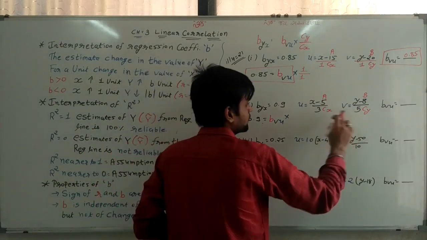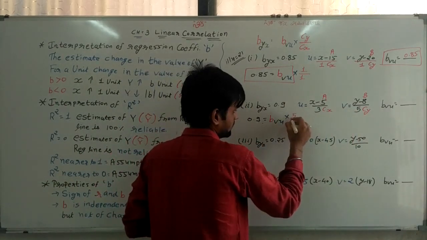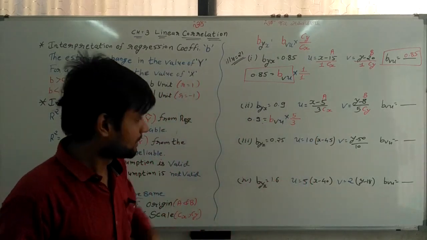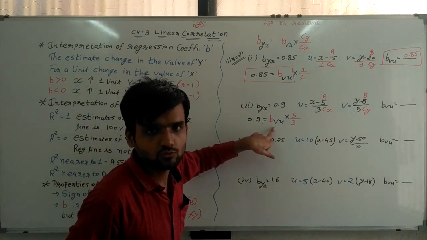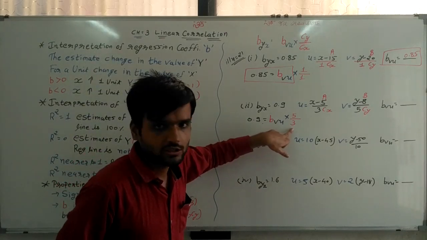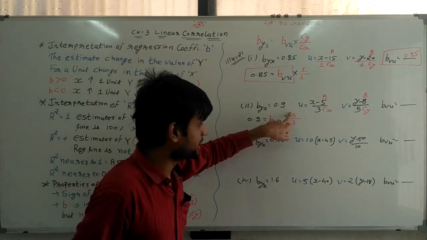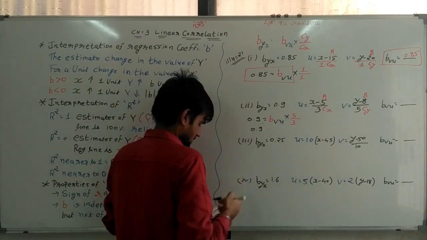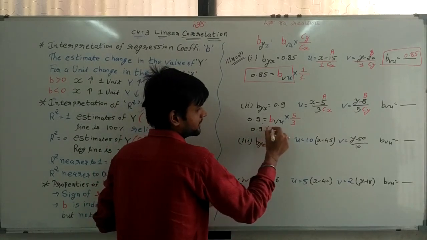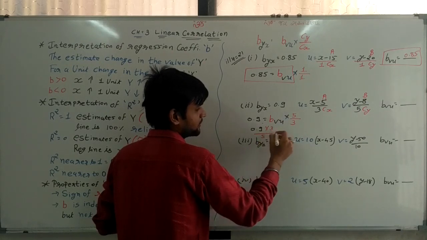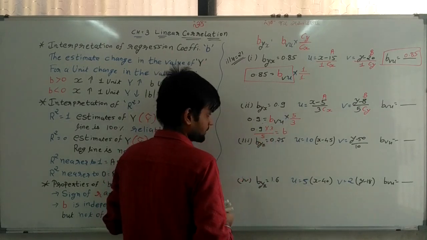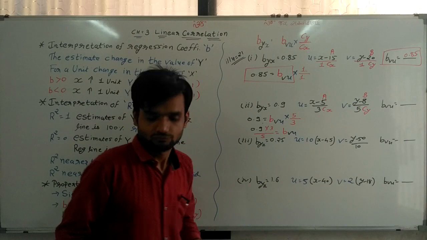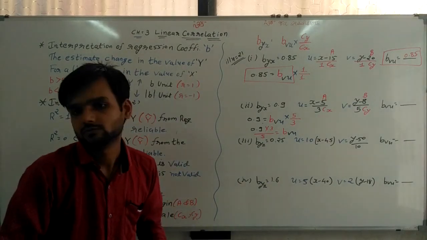So cy is equal to 5 and cx is equal to 3. Simple, sir. But what do we need? bvu. So the denominator is in multiplication and the numerator is in division. So 0.9 as it is, we are multiplying it with 3 and dividing it by 5. That is the value of bvu. Complete. Simple one.